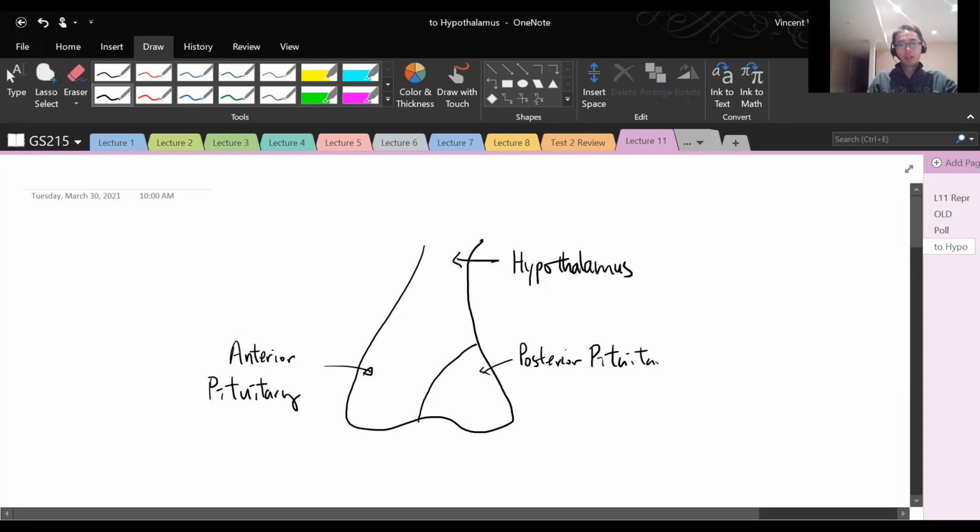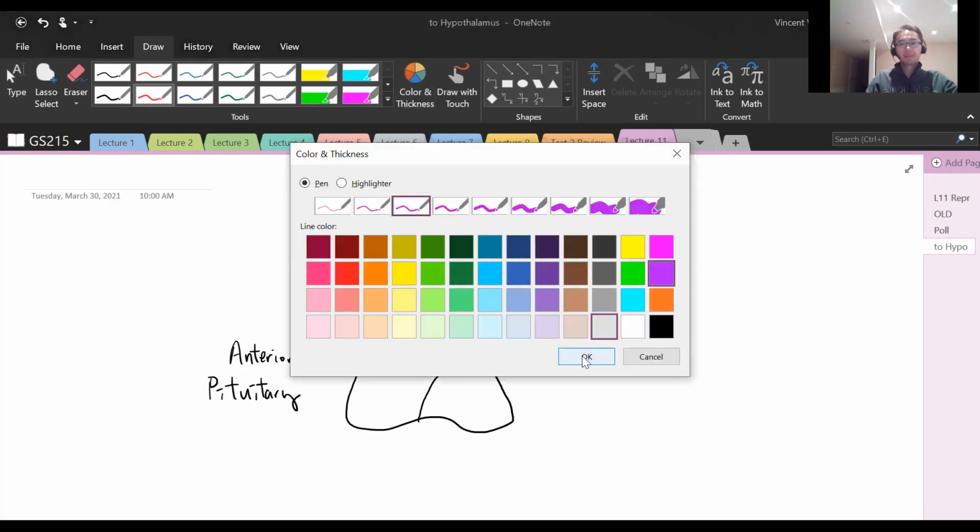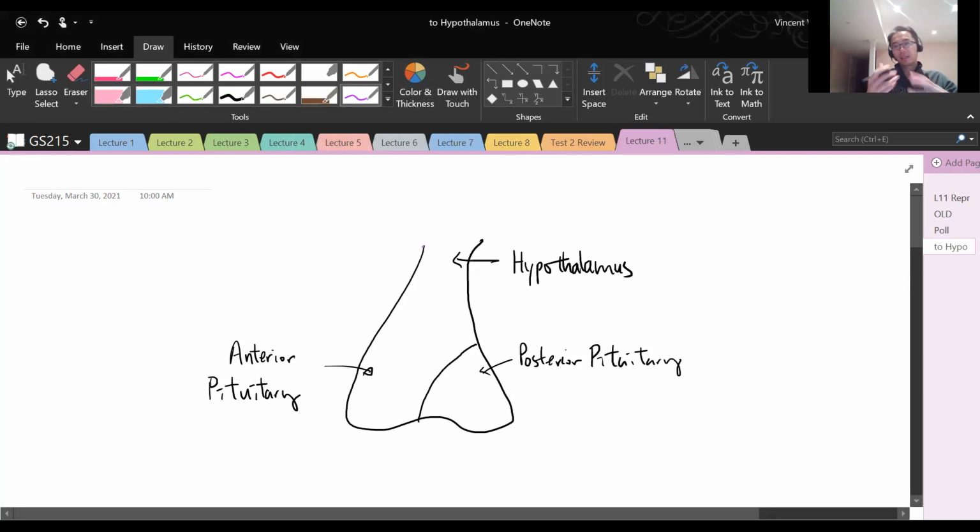We'll learn a lot more about this next class, but just to give you a little bit of preview, and it also relates to what we're talking about here, the hypothalamus has 2 sets of neurons. There are neurons that have the cell body in the hypothalamus, and then they extend the neuron all the way into the posterior pituitary gland, like so.